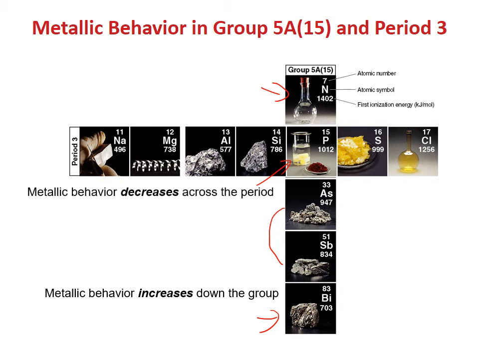Across the period, metallic behavior decreases. So it starts with metallic sodium, magnesium. Aluminum is still a metal. Silicon is a metalloid. Then phosphorus becomes a nonmetal, and sulfur, a nonmetal. Chlorine is a gas.